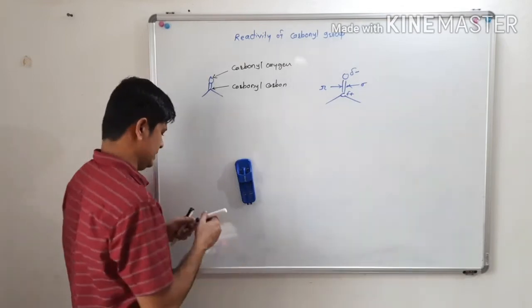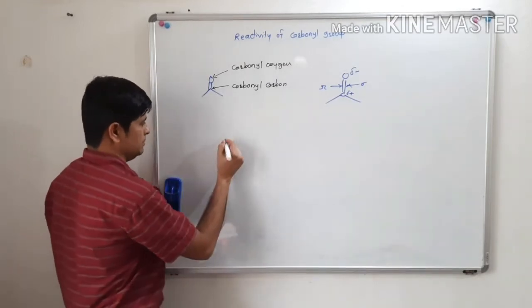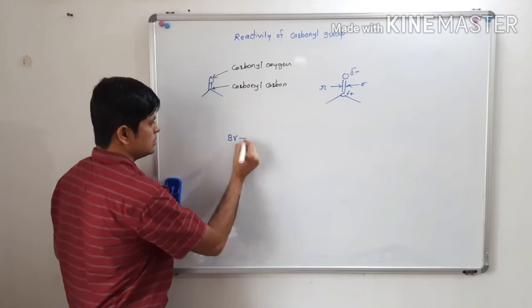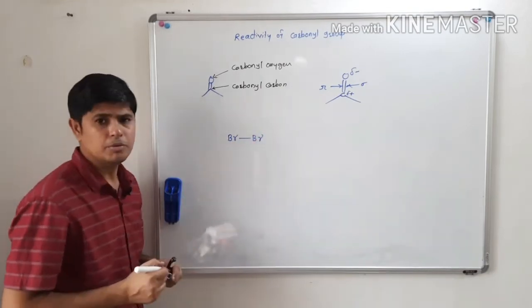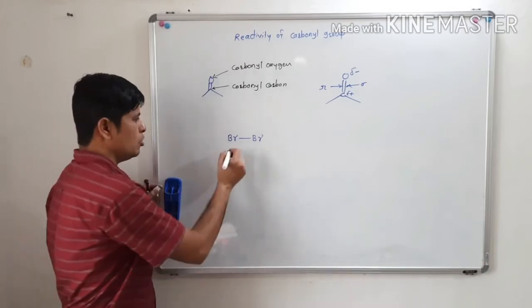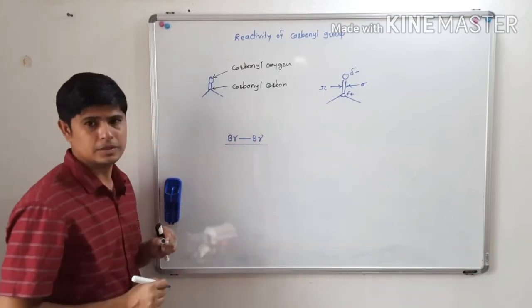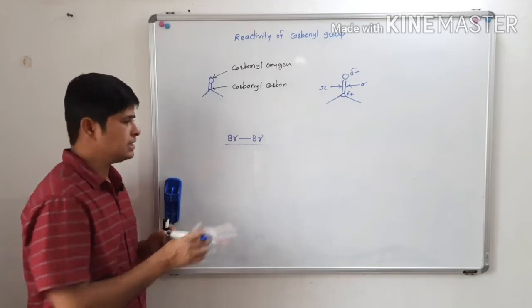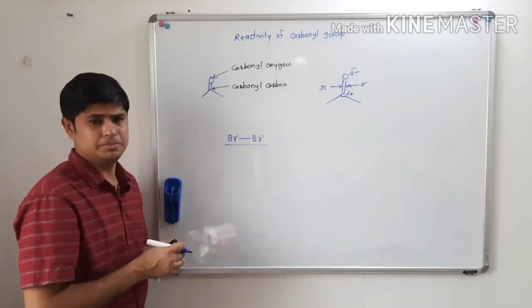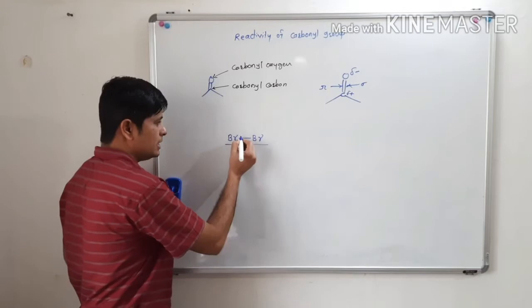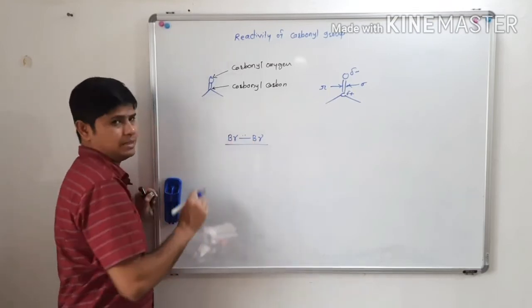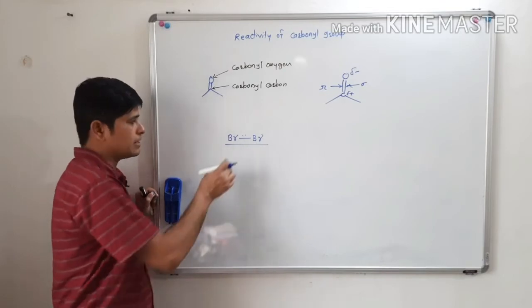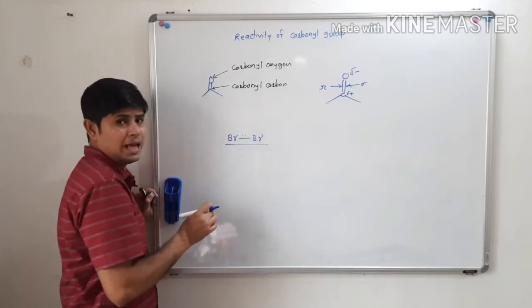For example, suppose we have a bromine-bromine bond, a homoatomic, diatomic molecule where both atoms are the same. Here the bonding pair of electrons is equally shared, in the center between the two atoms.